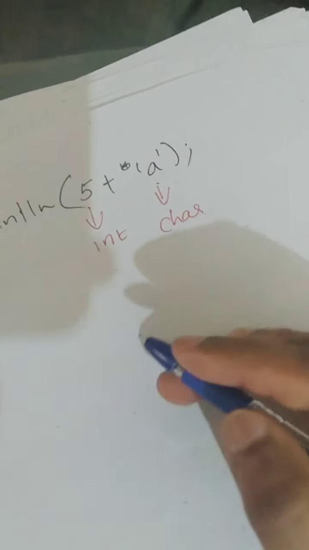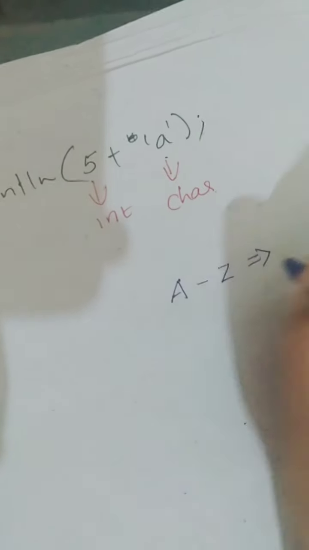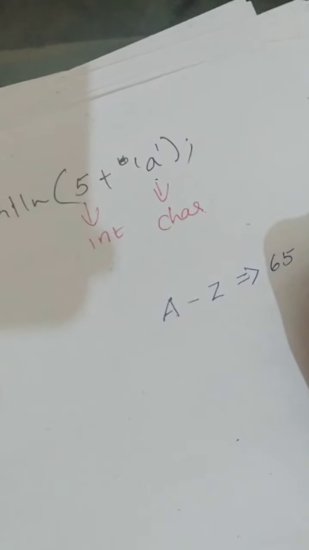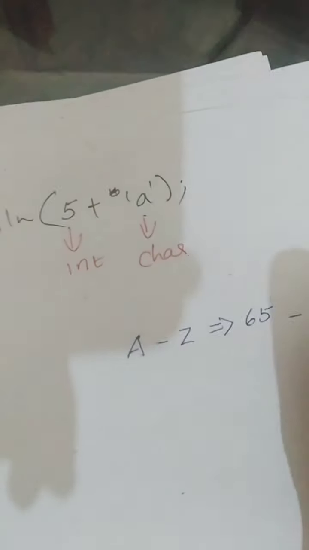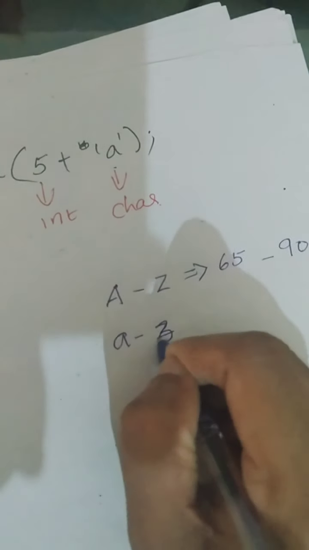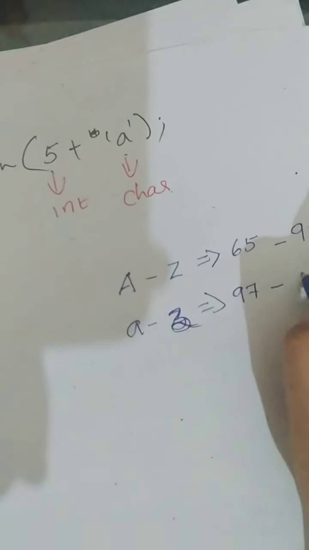There is no string, so it will not perform concatenation. It will perform addition. But how will you add 5 with a? In Java you have to learn this thing. Capital A to Z is represented by 65 to 90 and small a to z is represented by 97 to 122. This you have to learn.